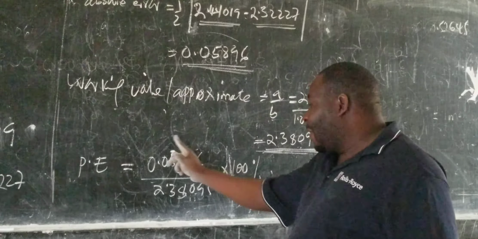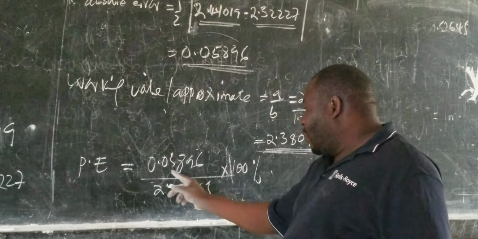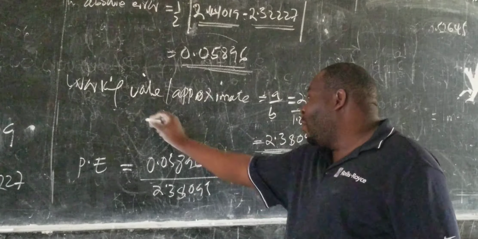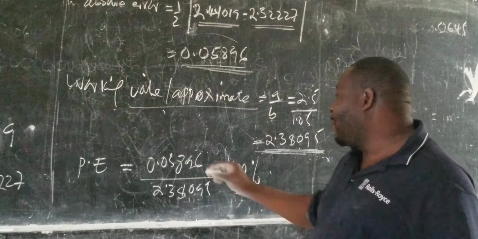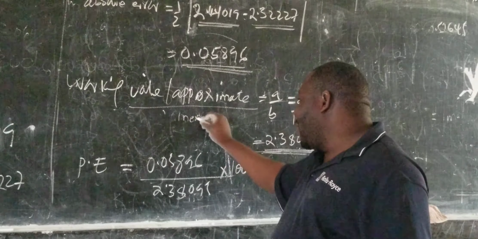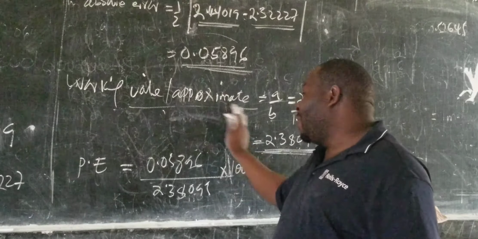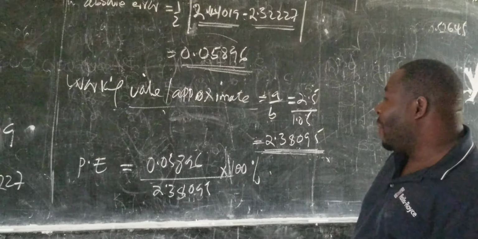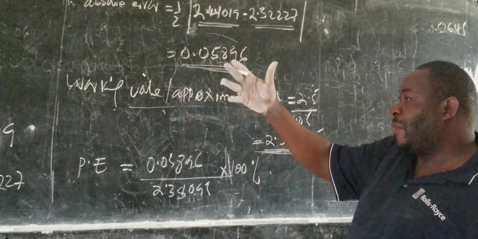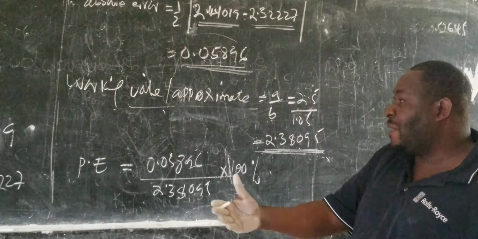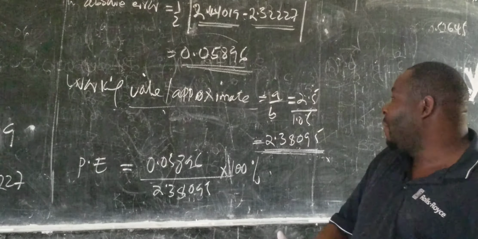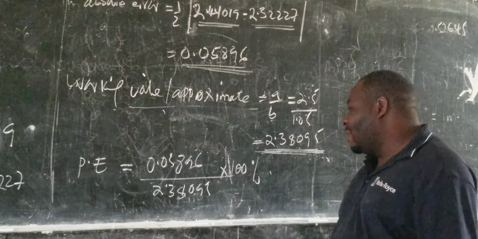When we use our calculators there, we have the absolute error over the working value or the inexact value. You find in some quarters they use inexact value instead of approximate value, but it all means the same thing. You get the expression and the given values without maximizing or minimizing them, substitute them in the expression, and that is the working value.